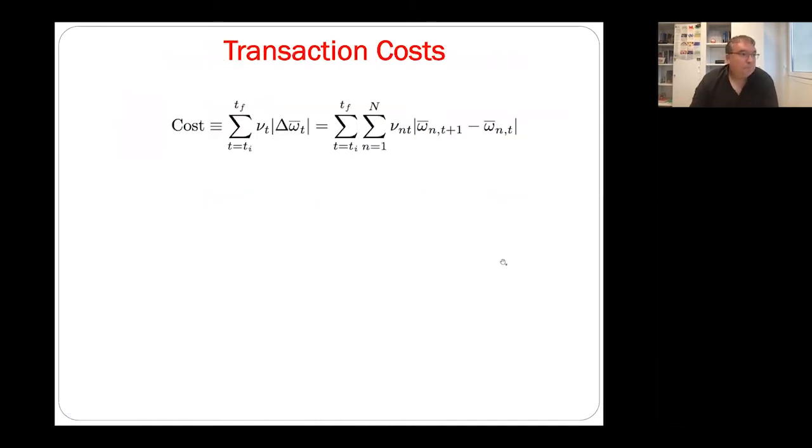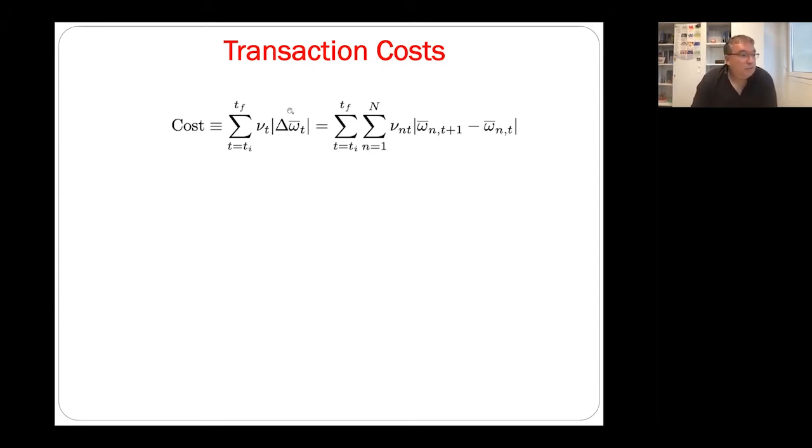All right. Now here is the third constraint that we are going to impose. These are the transaction costs. Every time that I change the composition of my portfolio from, say, trading time t to trading time t plus 1, I have to pay a percentage of the money that I'm moving, all right?